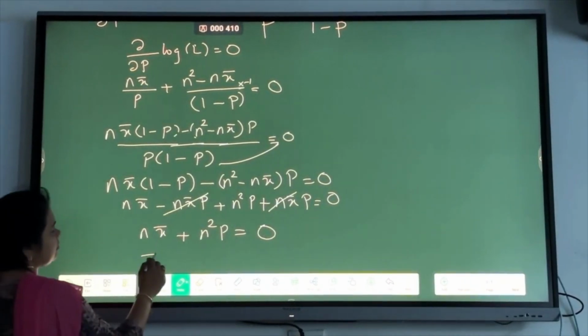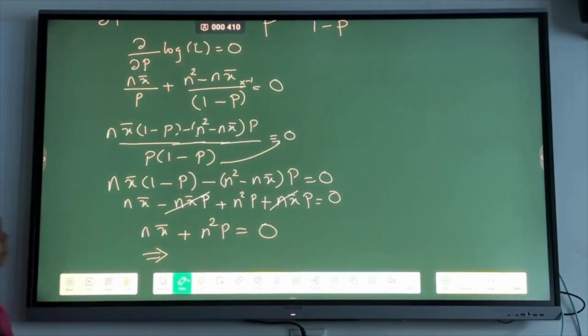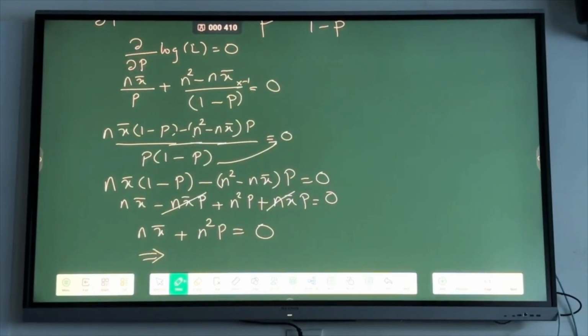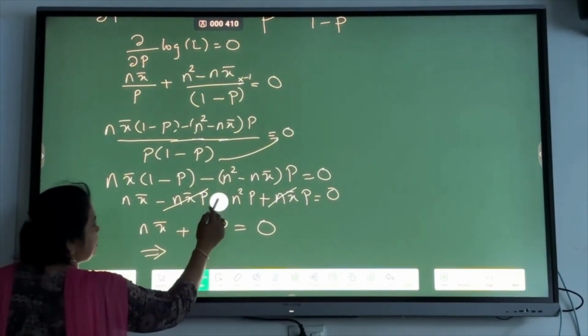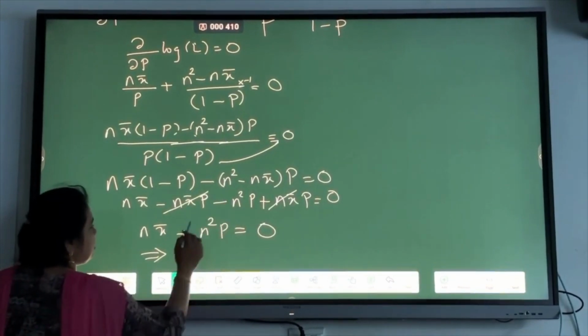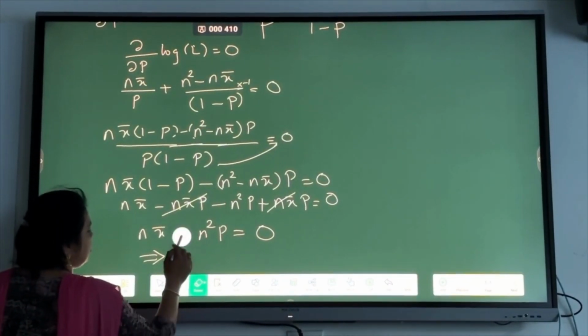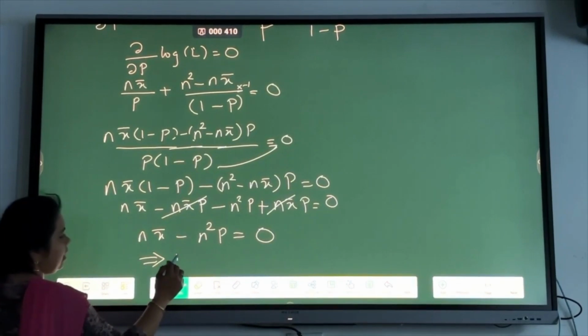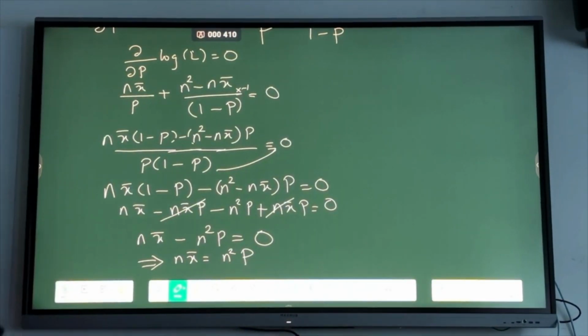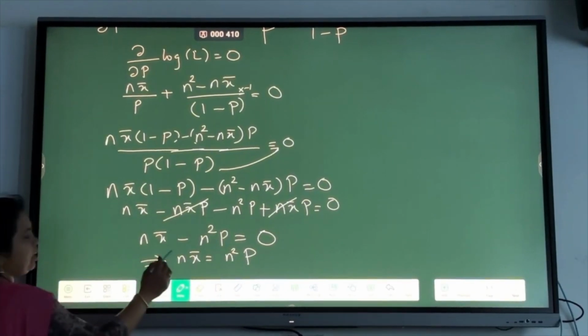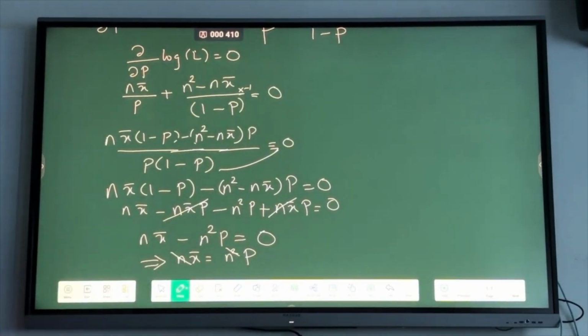From here, one minute. Here you are getting minus n square, is it? Minus n square. This is minus n square. So nx bar is equal to n square P. Cancel one n on both sides.